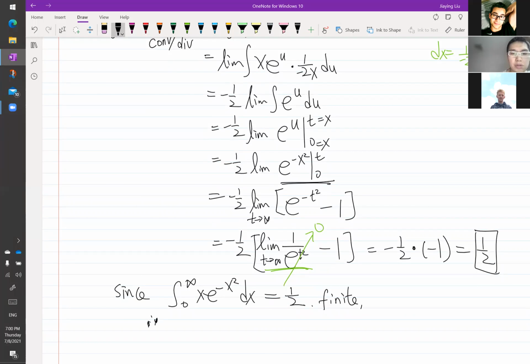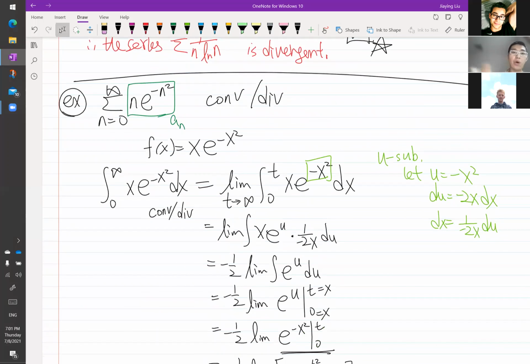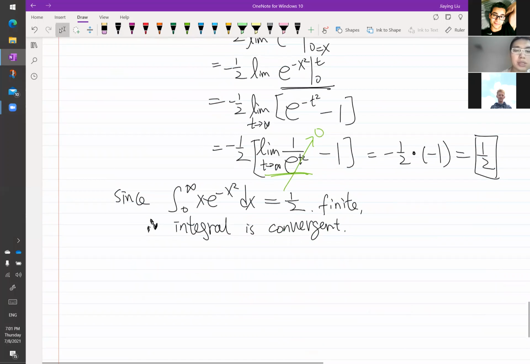Therefore, the integral is convergent. Then we can talk about the series that we're looking for, right? We want to find out if the series is convergent or not. We found out that the integral is convergent, therefore the series, going from 0 to infinity of n e to the minus n squared, is convergent.